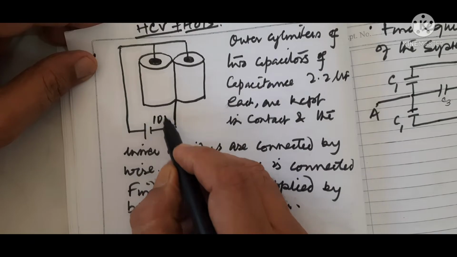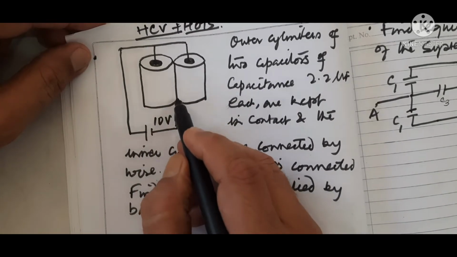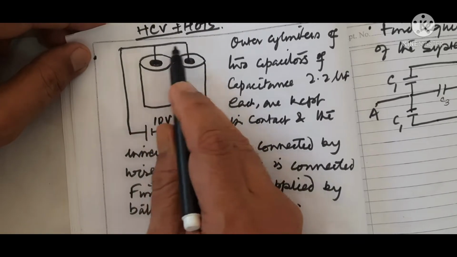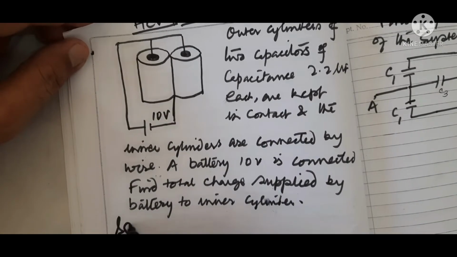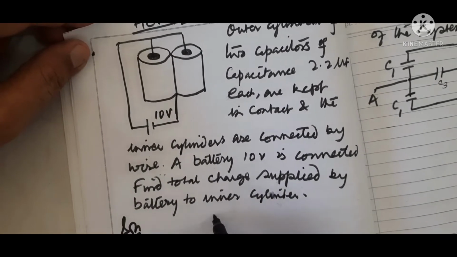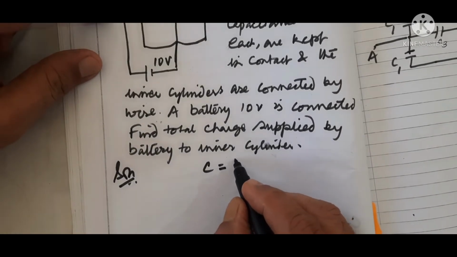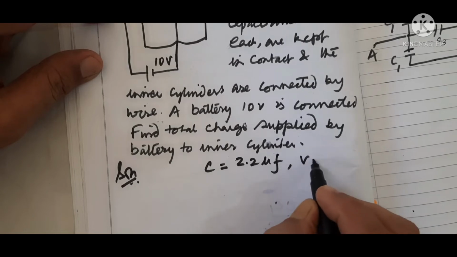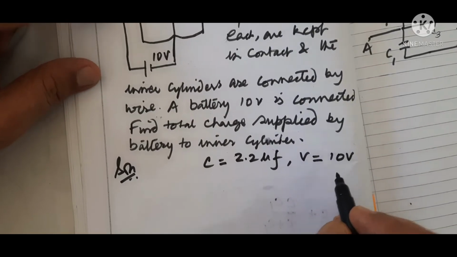Here the 10 volt battery is there, and this is the way. Here outer connection, and inner one is given the two parts. Both are parallel. So how to solve? We know the cylinder has capacity 2.2 microfarad, and the potential difference is 10 volt, right?